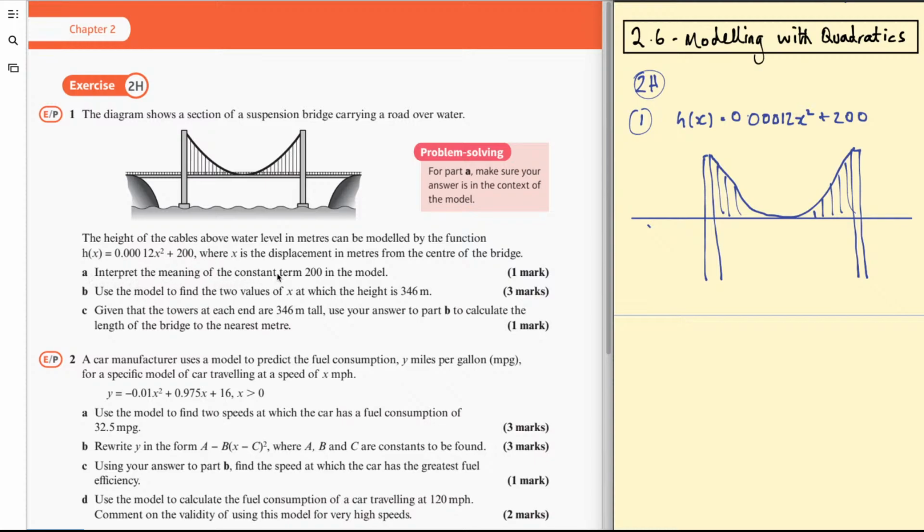Part A says interpret the meaning of the constant 200 in the model. So I have to read it again because I've forgotten. H is the height of the cable above the water, so I guess we should draw the water in. And X is the distance from the center. Let's say this is the center here, that would be where X is 0.